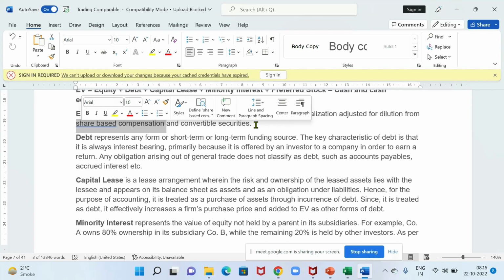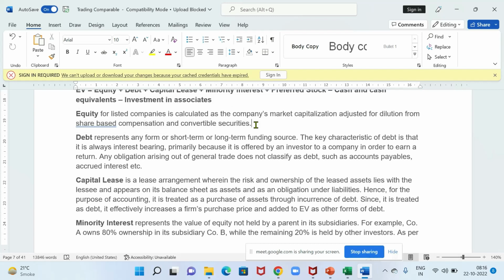Like convertible debts, and there is another class called non-convertible debentures. One is convertible debentures and the other is non-convertible.